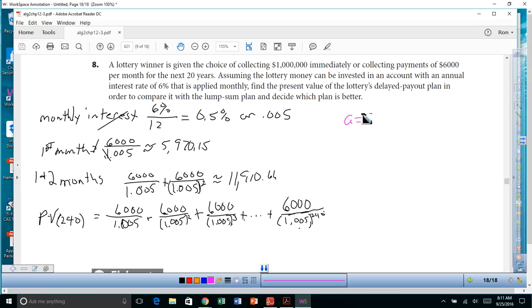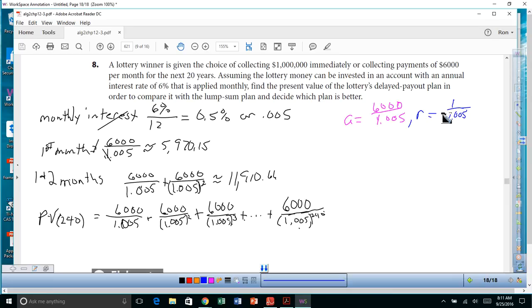A is our first term, which is 6,000 over 1.005. What is R? R is 1.005.